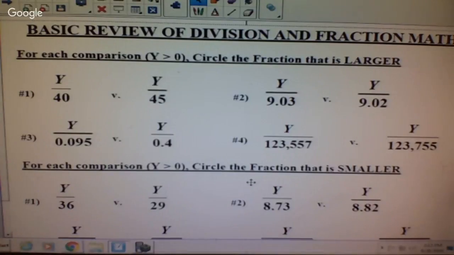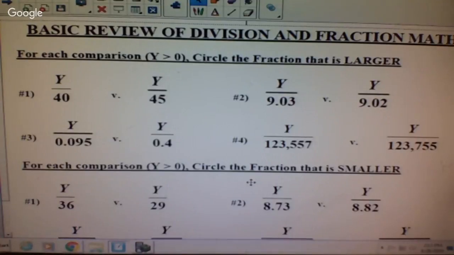And what if I start at 16 and I divide by 8? 2. So, as my divisors become bigger, my answers become smaller. As my divisors become smaller, my answers become bigger.